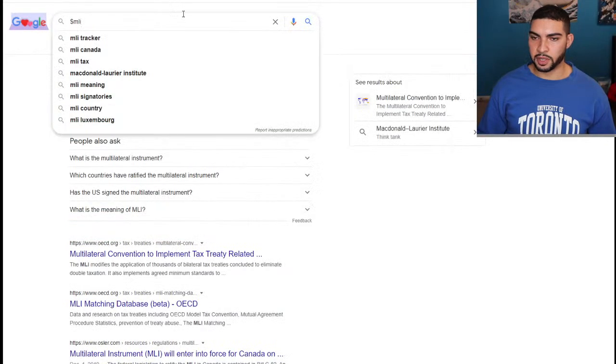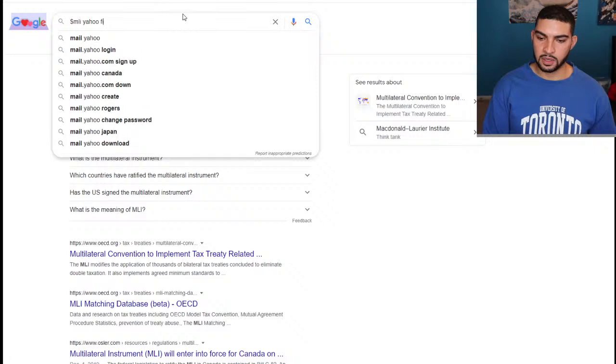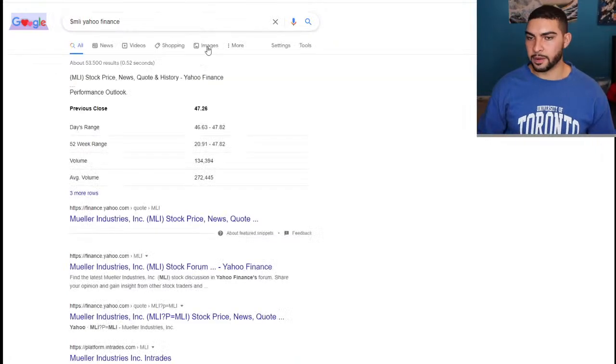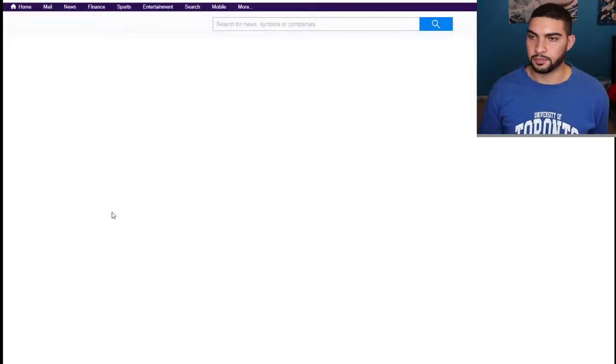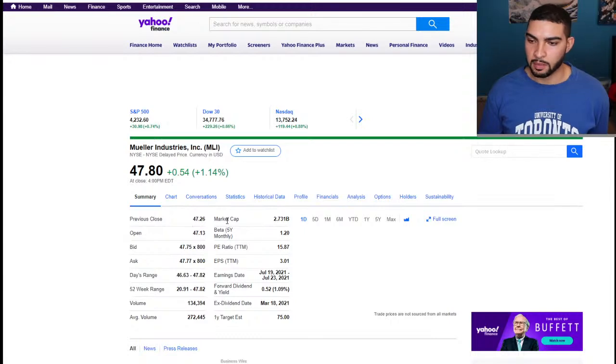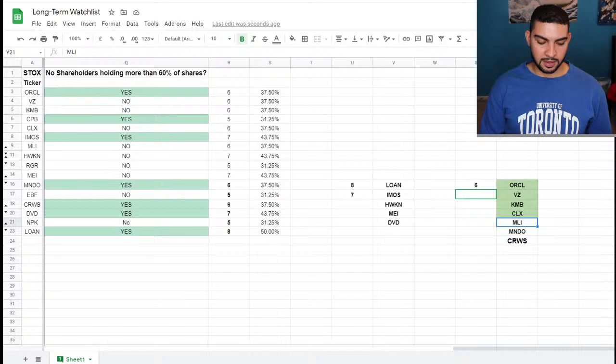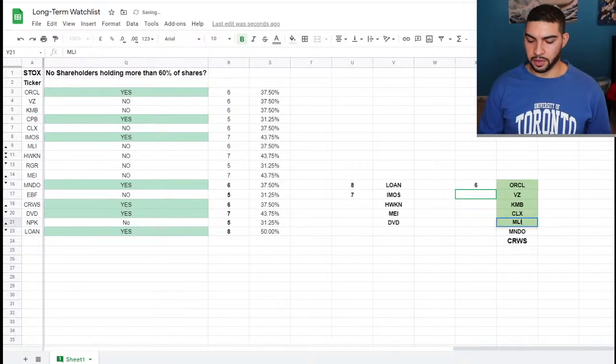So what I'm going to do right now is see what Yahoo Finance would tell me over here. Okay, we're going to have to dig deep into it, or just open Yahoo Finance essentially. Market cap is at 2.73, so just over that large market cap criteria that we're looking for.